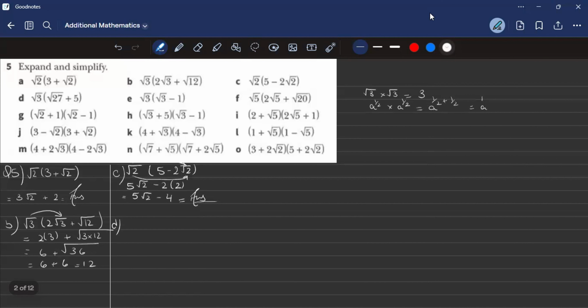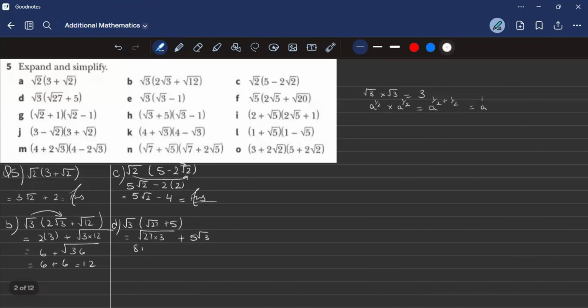Okay, for part D, we have (√3 + √20) multiplied by... positive √27 plus 5. Okay, so we have got √27 multiplied by 3 plus 5√3. Okay, so what is 27 multiplied by 3? 7 times 3 is 21, 3 twos are 6, 7, 8... so that is equal to 81. 27 times 3 is 81.